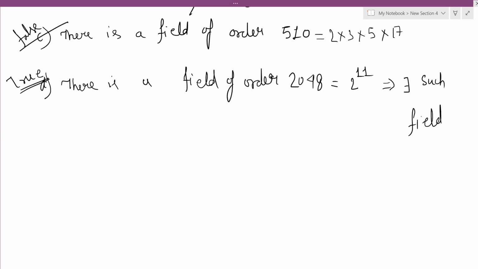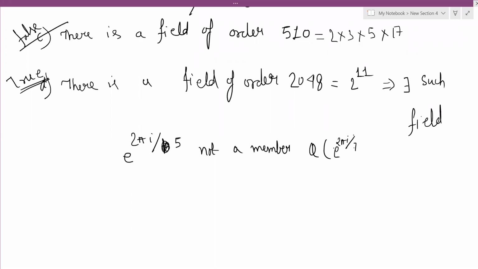That is, e power 2 pi i by 5 is not a member of Q of e power 2 pi i by 7. Like x to the power 5 minus 1 has different primitive roots than x to the power 7 minus 1. That is an easy observation, and you can argue by group. x to the power 5 minus 1 has 5 roots.